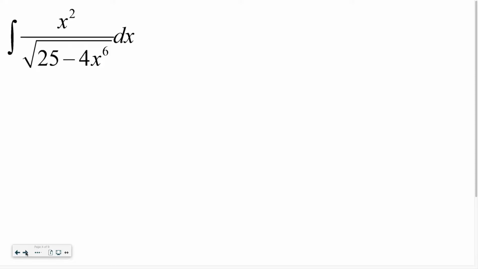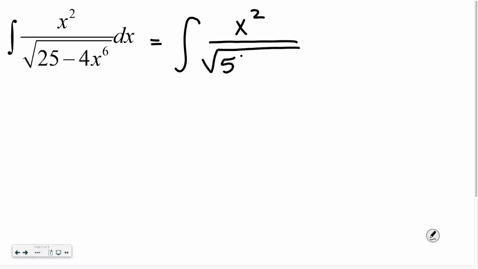Okay, let's rewrite this here. This would be 5 squared minus 2x cubed squared. Once I write it like that, do you see a relationship between what I wrote right here and what I wrote right here?